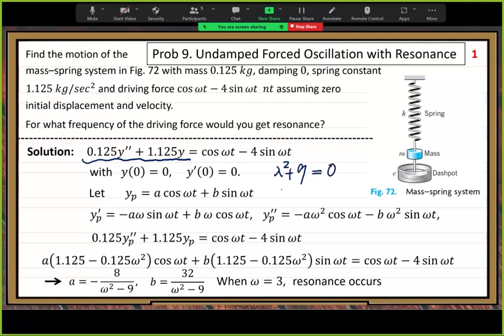So what's lambda 1, 2? Because you have 2 lambdas. Lambda 1, 2 equals plus or minus 3i, right? 3i corresponds to cosine 3t and sine 3t, right? That 3 corresponds to the natural frequency.